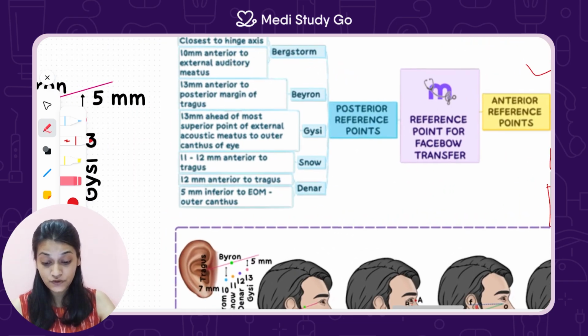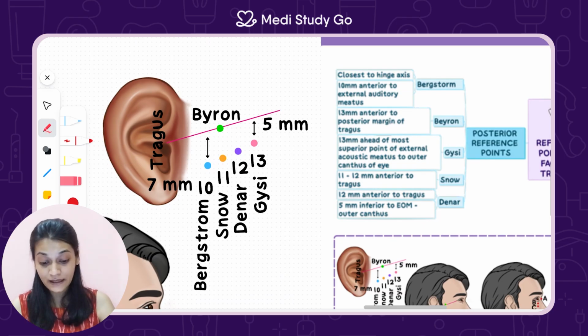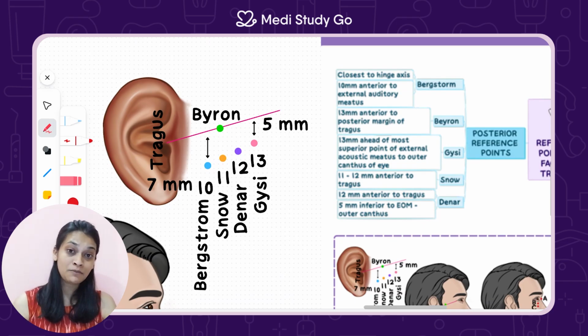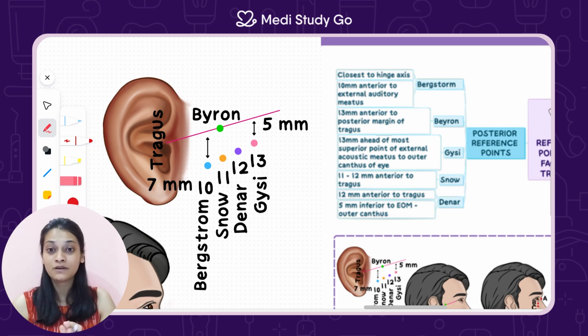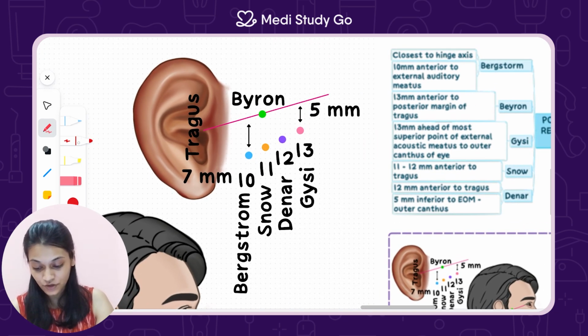Talking about your posterior reference point. Now, posterior is very tricky because all of it is based on theories. The hinge axis is located 10 mm anterior, 13 mm anterior, to the external auditory meatus, various theories. So, it's nothing but this diagram that you need to learn.